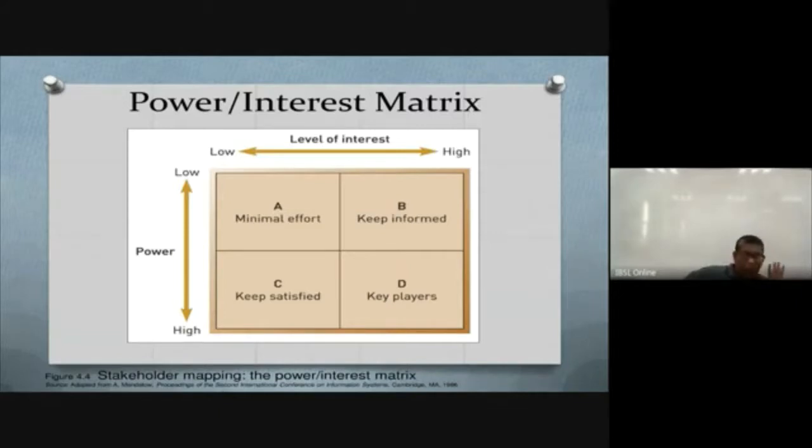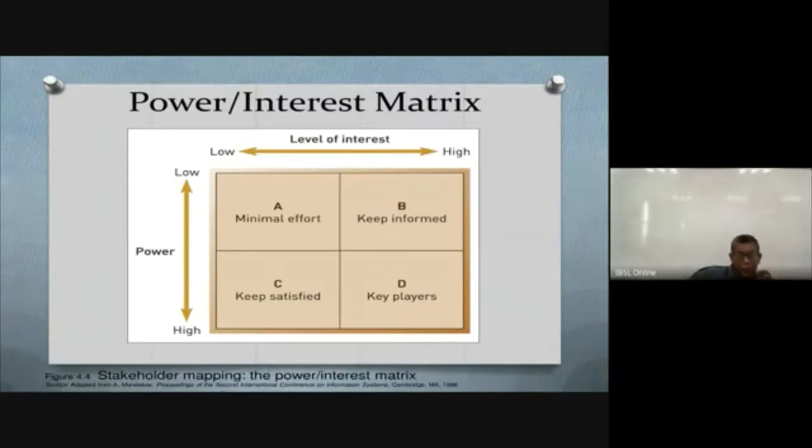It's like what we learned with the BCG matrix. Under the BCG matrix, what did we do? We put products into 4 groups: which products give high profits, and which products we need to manage.